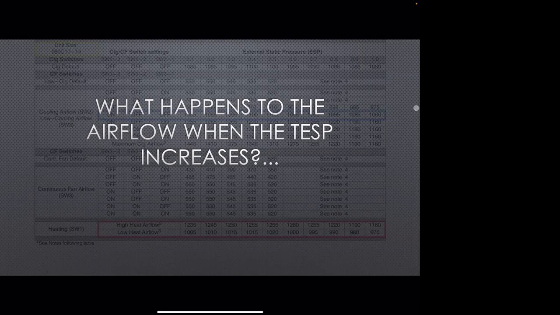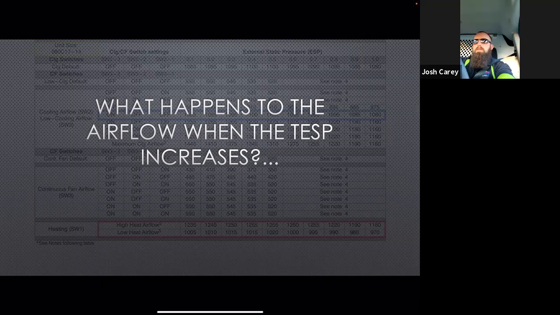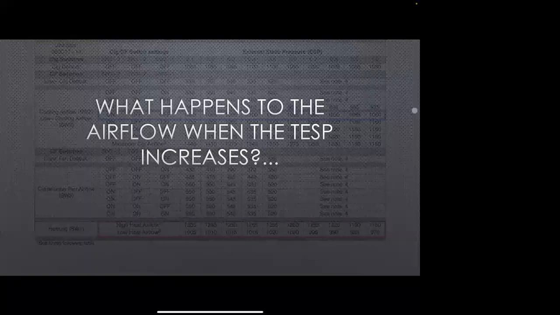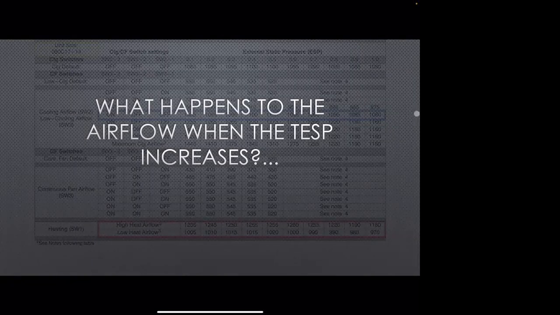That'd be an ECM. There's three types. Which one? That's the variable speed, constant speed. The constant airflow. Yeah. The constant CFM. Yep. Because you have speed, which is going to be RPM, and then you have your constant airflow or CFM. So that's going to be the constant airflow, constant CFM. So that TESP increases.